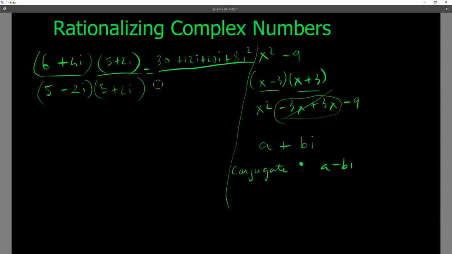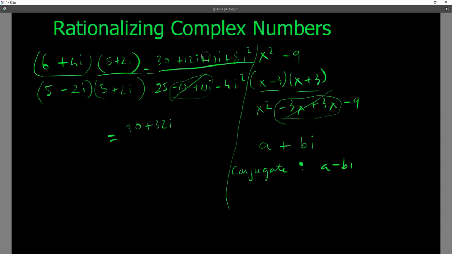So see what happens here: I have 25 minus 10i plus 10i minus 4i squared. You see how these terms cancel each other out, just like these here. So negative 10i and positive 10i, they cancel each other. So the top is going to be 30 plus 32i.